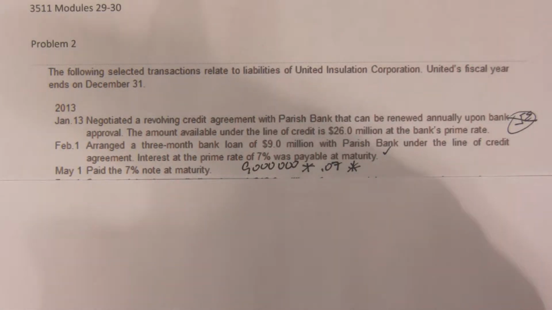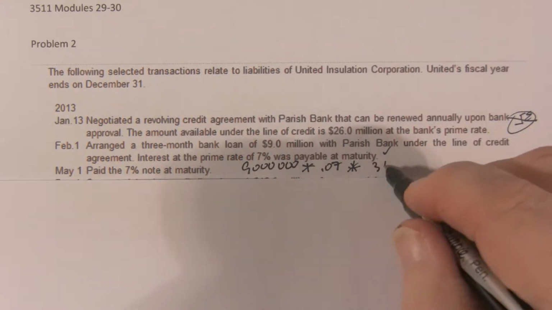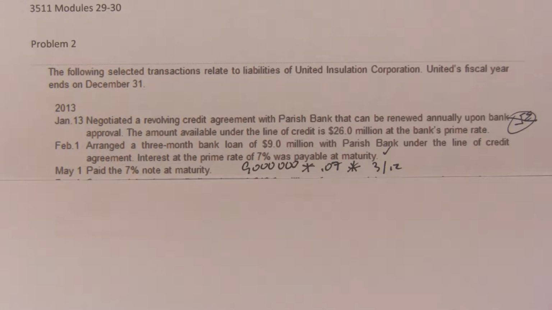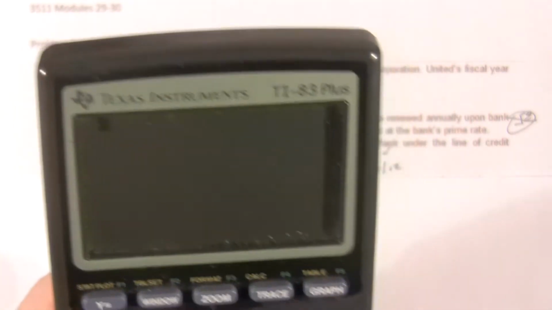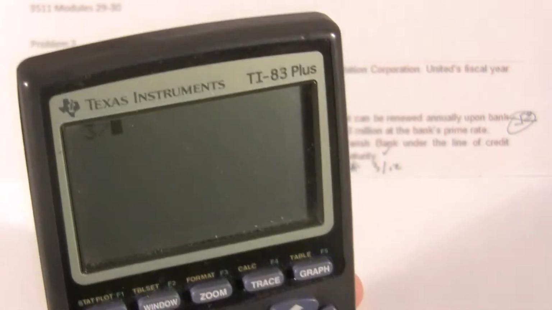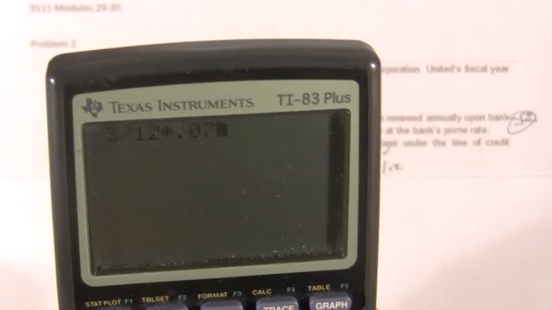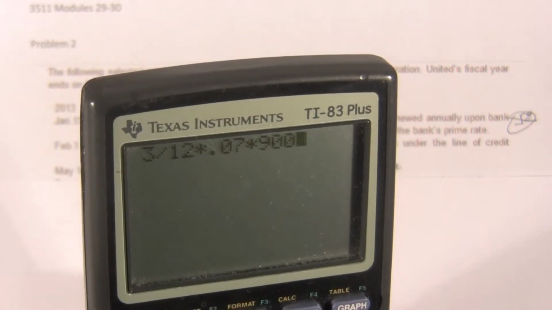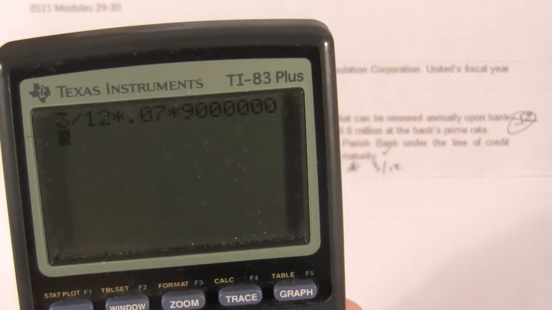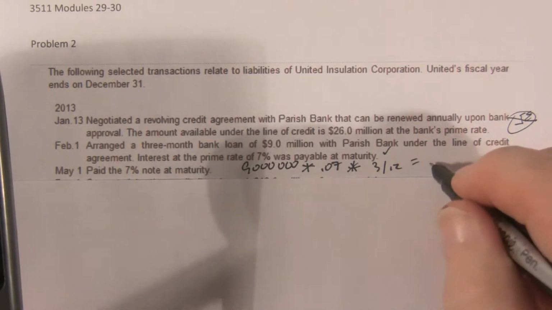We had all of February, all of March, all of April, and we paid it on May 1st. So 3/12 times 0.07 times how much did we borrow, 9 mil? That's 157,500. So that's our interest expense.